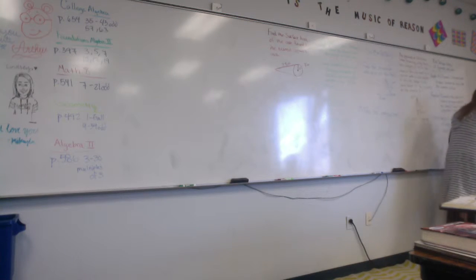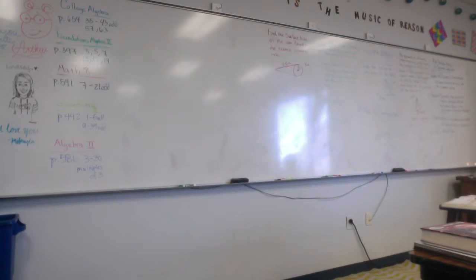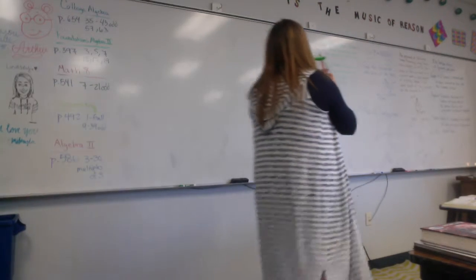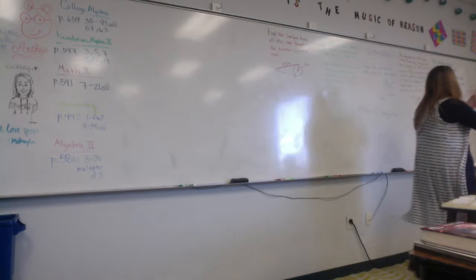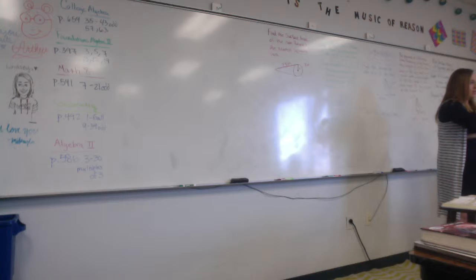Which creates, actually, let me do this, a triangle for us. So if I have this perpendicular bisector from the vertex to the base, I create a triangle with that opposite side. See how I have a triangle now going on?